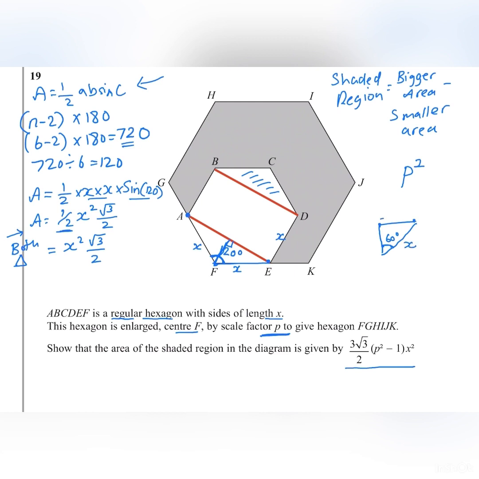So I should be able to find the length of this side. Again, you can use SOHCAHTOA for this. We're given the hypotenuse and we're looking at the opposite.